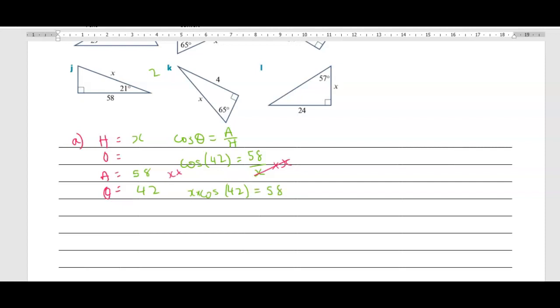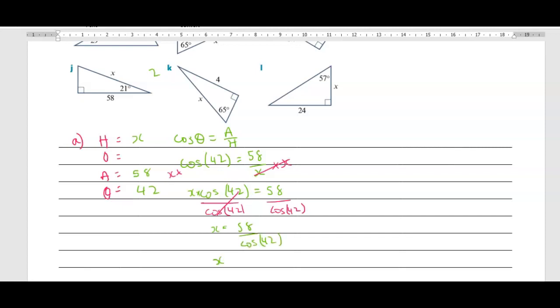And then to get x by itself, I divide both sides by cos 42. Okay, because we've got x times, so the opposite of multiplying is dividing, so that cancels. And then we've got x equals 58 over cos 42.